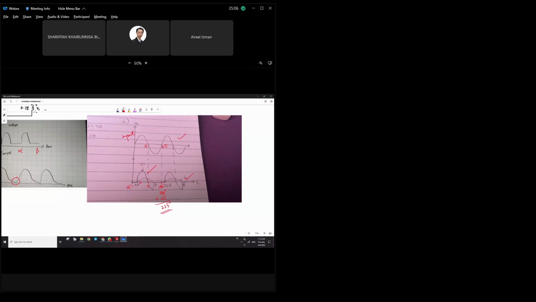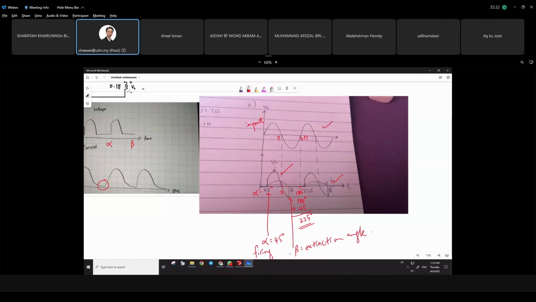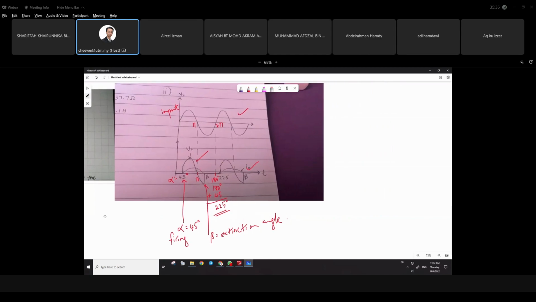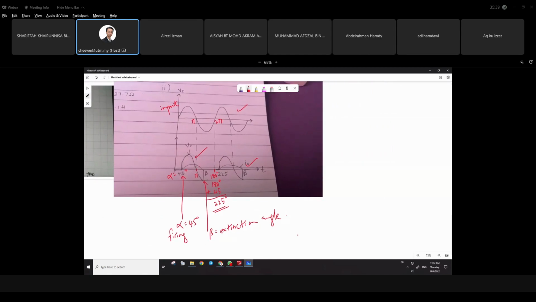So the situation here is the operation will start when it hits alpha, right? The firing angle. And it will stop when the current touches 0, which is the extinction angle. Beta is the extinction angle. Alpha is the firing angle. Can you see my screen where I wrote this? Yes, Doctor. Okay, so firing angle and extinction angle.